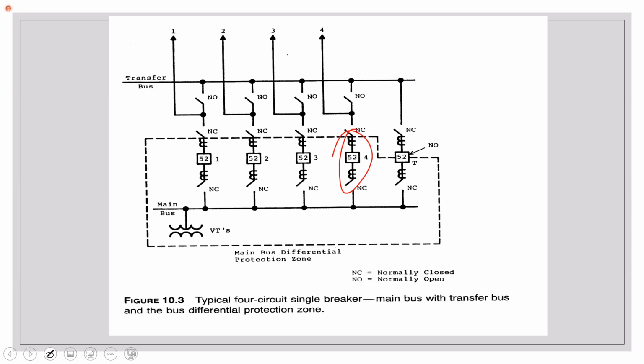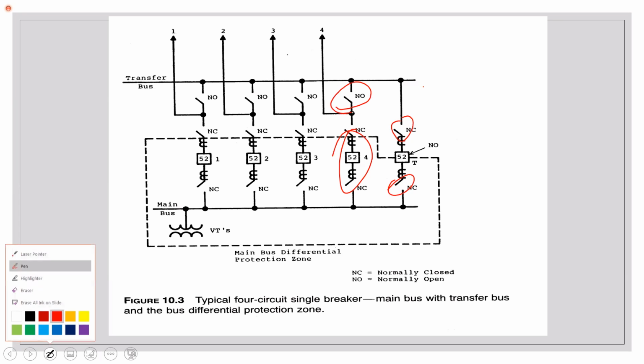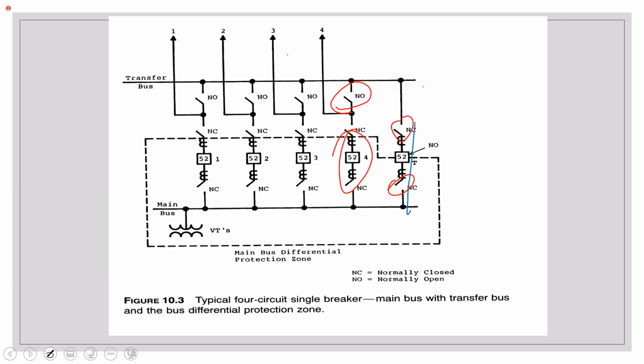What we will do, we close the tiebreaker. Now we have energized the transfer bus. Once we have energized the transfer bus, we then close that. So you now get power from the main bus, through the bus tie, through that, and up to 4. So if I take out bus breaker 4, that's how I get power to circuit 4.